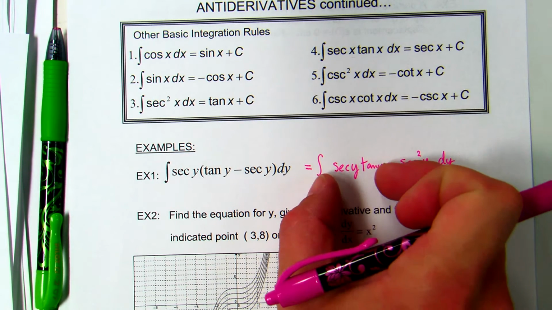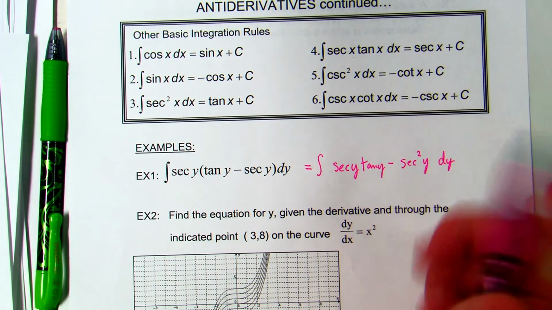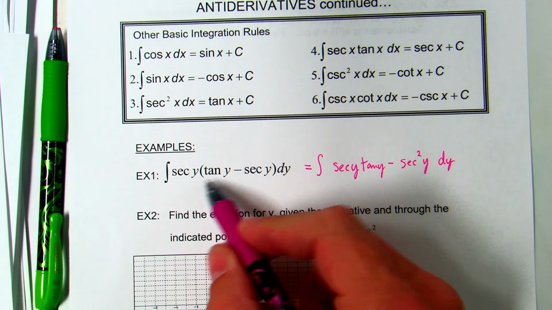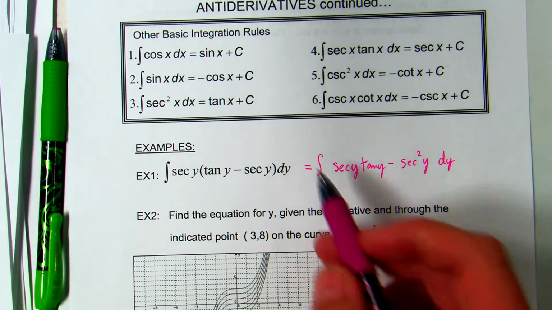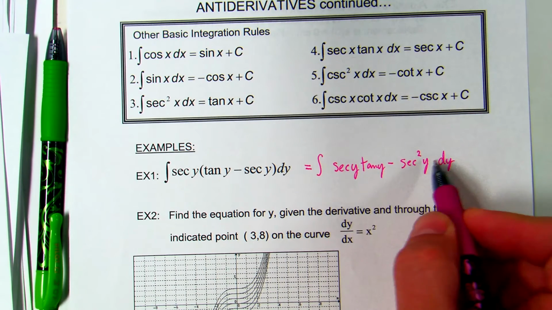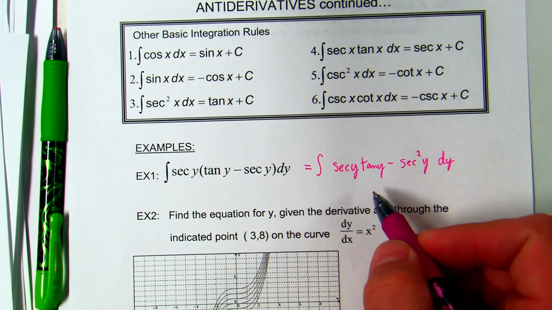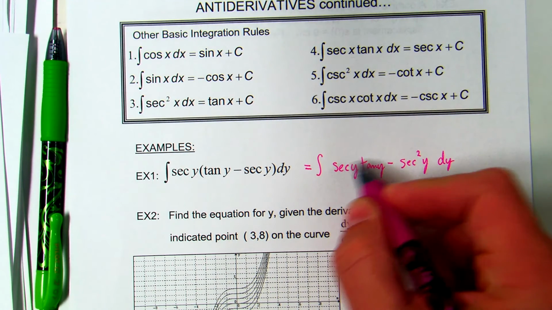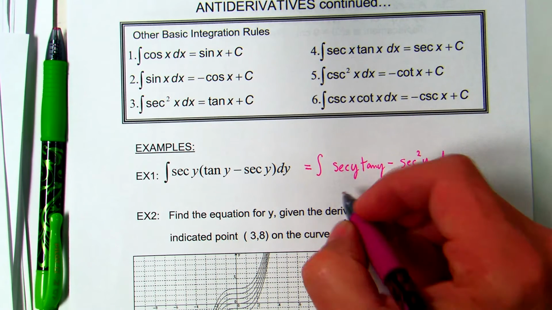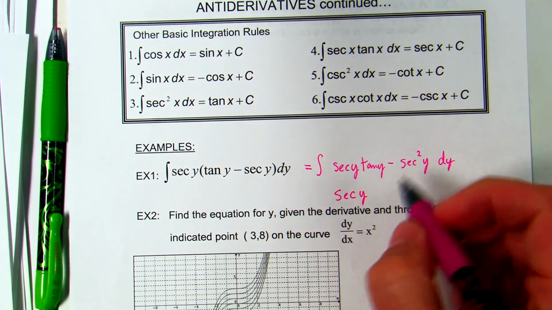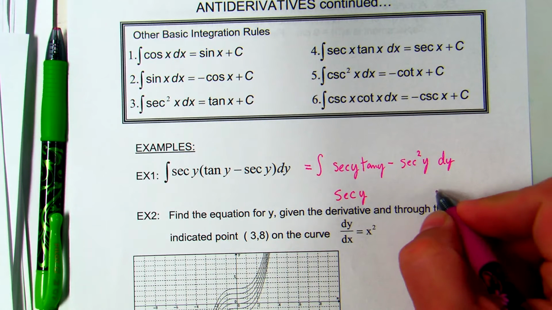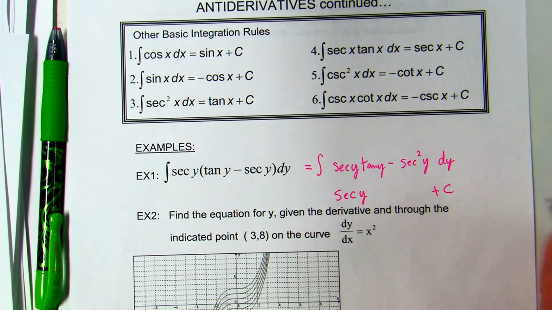It keeps us from having to do any kind of product or quotient type rules. So we get two separate integrals, and this first part is going to be secant y. I'm going to save the plus c.